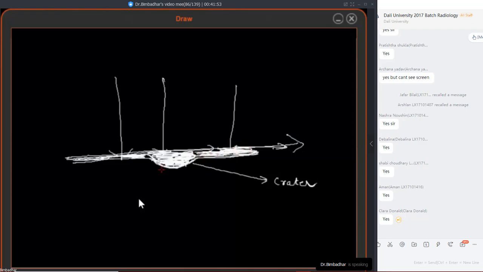Can you see there is some kind of a problem like this, an extra indentation with extra filling? Now let us try to imagine and look at this. This is when I'm looking at a particular cross-sectional view like this. But now let us imagine looking at the same patient in a different view.